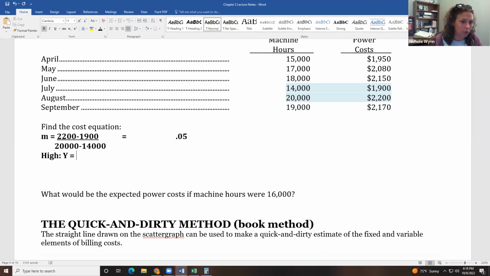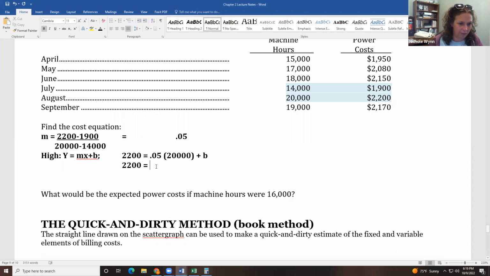So if Y equals MX plus B, then I would plug in what I know. So if I use the high ones, I'm going to use 20,000 and 2,200. So 2,200 equals 0.05 times 20,000 plus B. And then I'm going to solve. And I would say 2,200 equals, and I'm going to take 0.05 times 20,000.